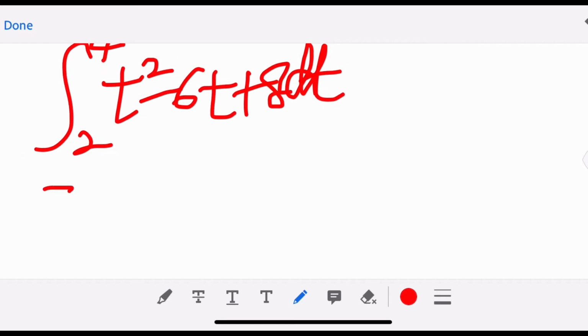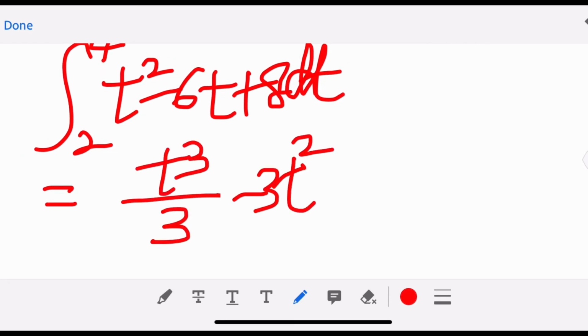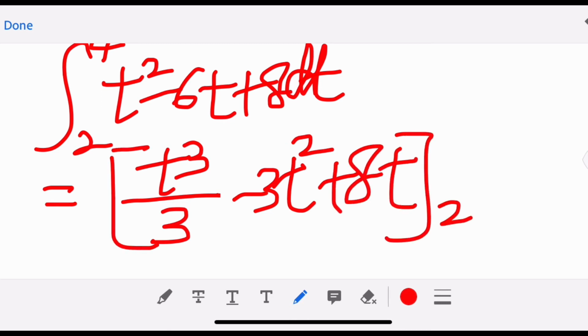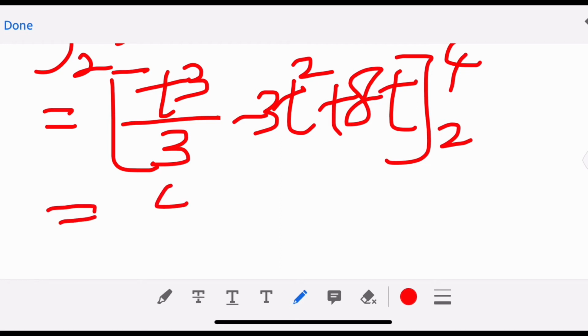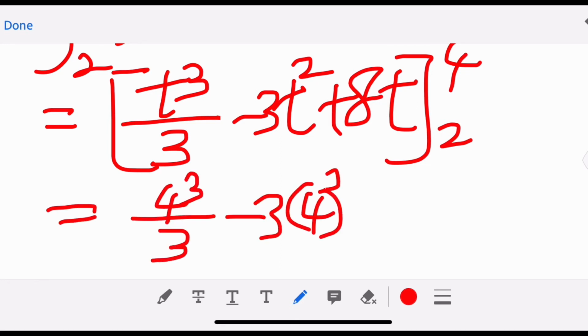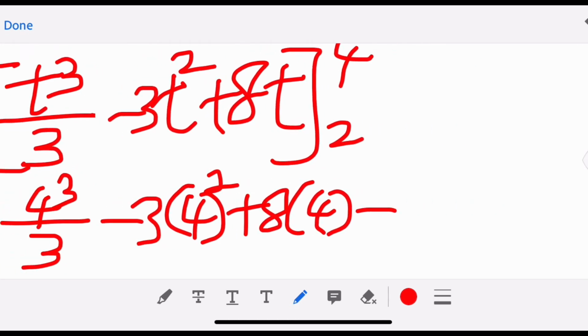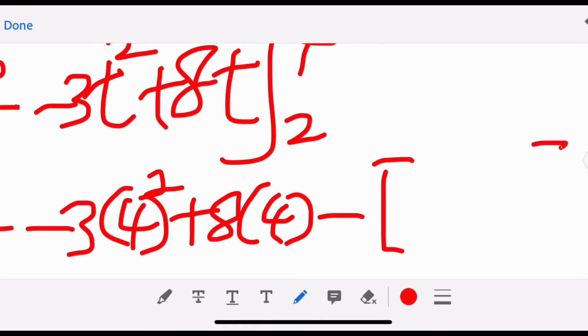If we integrate, we get the same as just now, and we will substitute from 2 to 4. We substitute 4 to the power 3, and then 3 times 4 squared plus 8 times 4, and then minus. In fact, we can use the answer just now.